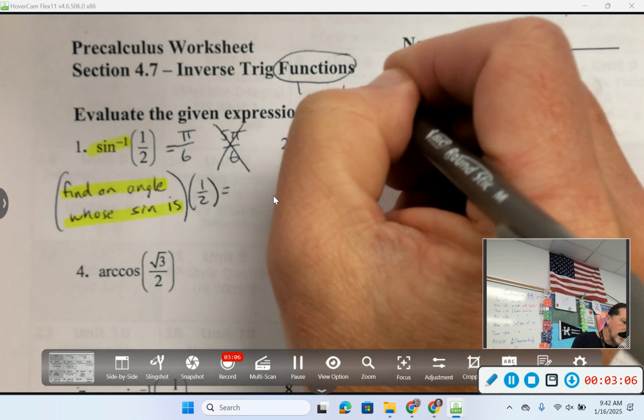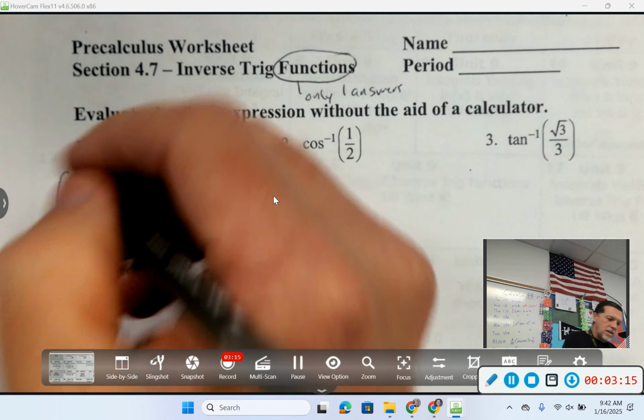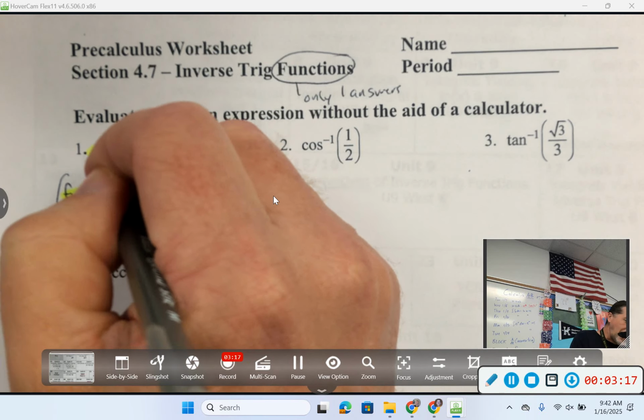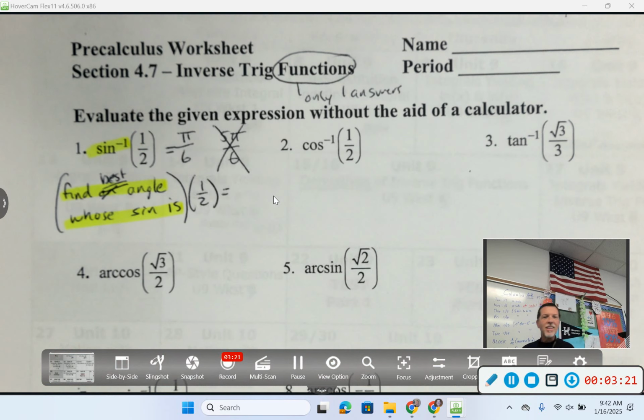So you can only have one output, right? It wouldn't make sense to have two outputs. You only get one answer. And so you have to pick the best angle, and that's the trick that we'll talk about in a minute. So find the best angle, the easiest angle, whose sine is 1/2, or whose cosine is 1/2, or whose tangent is root 3 over 3.